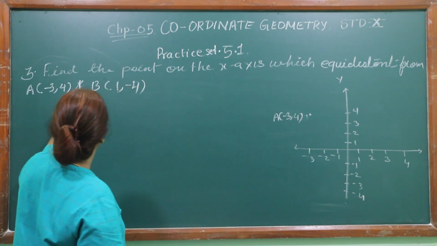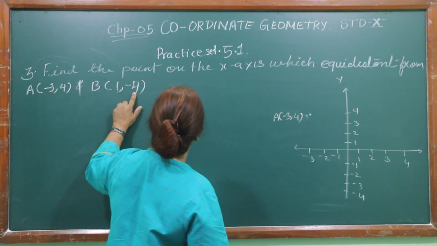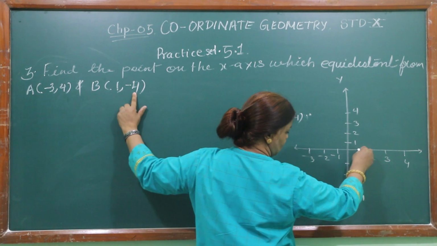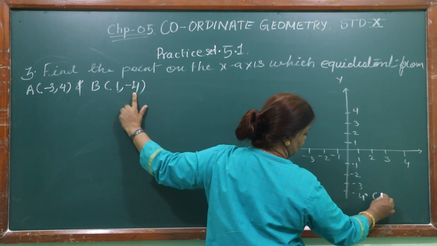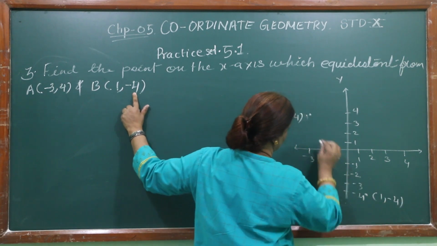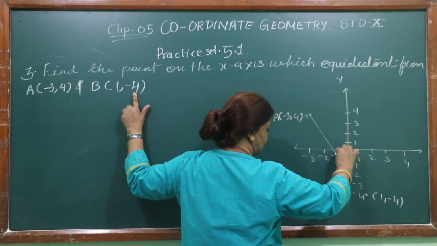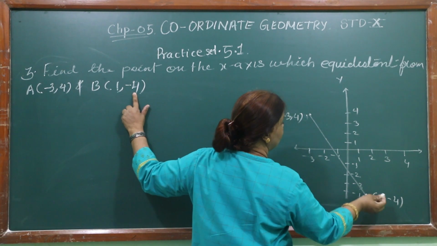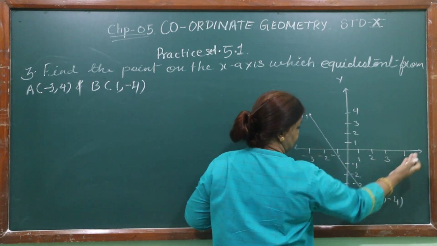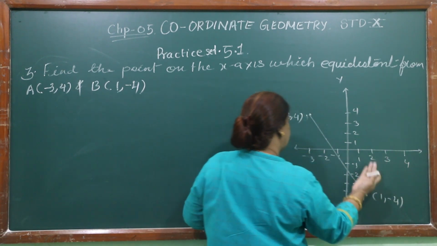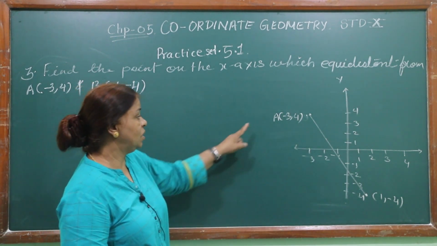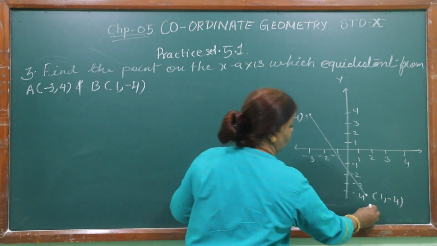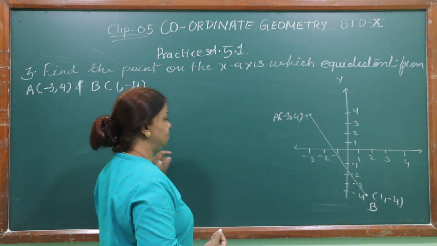B is (1, minus 4), somewhere here. So your points are like this, and you want to find the point on the x-axis. The point can be on this side or on this side, and that point is equidistant from point A and point B. Okay, so let us see.